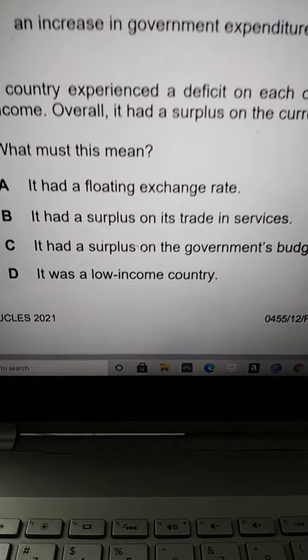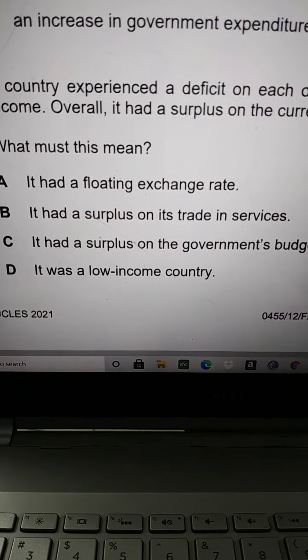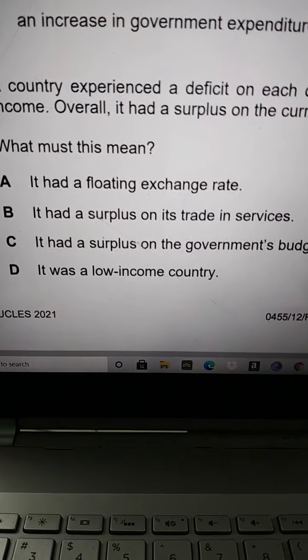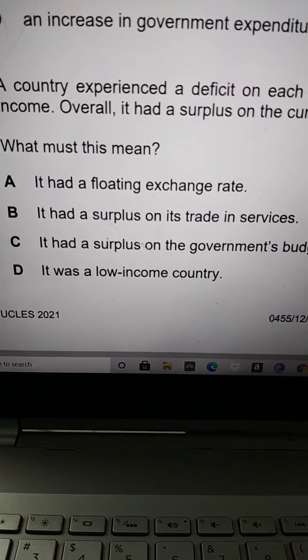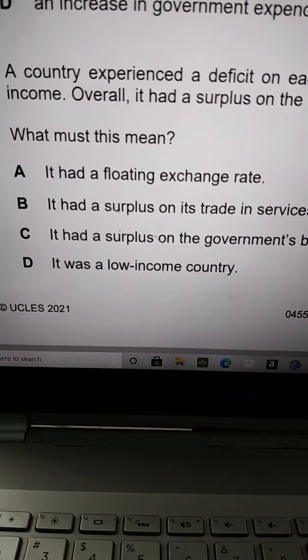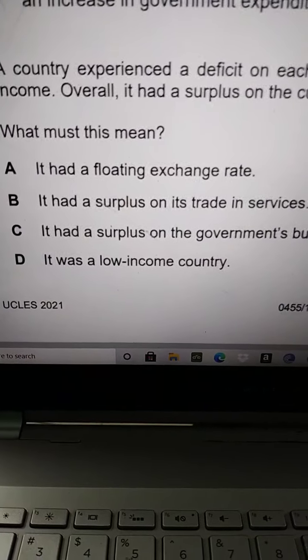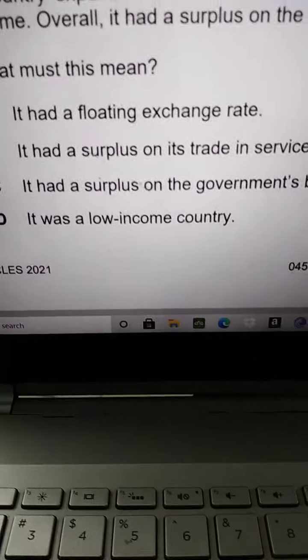The second component is invisible exports and imports. Invisible means services, visible means goods. And the third one is the primary income, which includes remittances, investment money, which is coming into your country or going out. And the fourth one is the secondary income, which includes the donations and gifts received by the country, or aid.